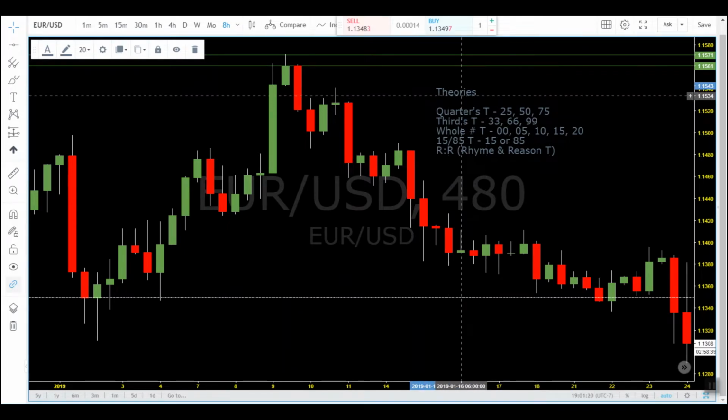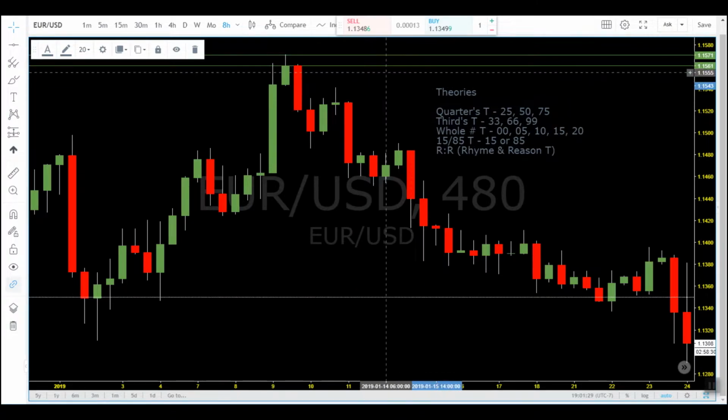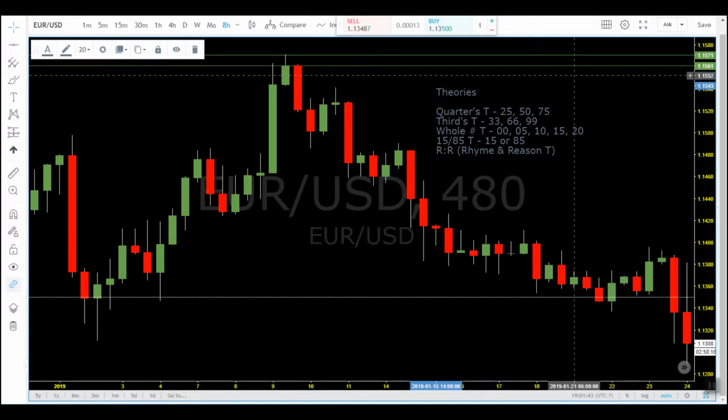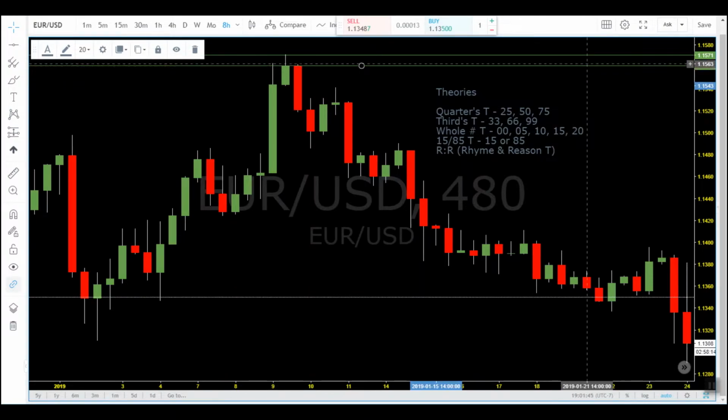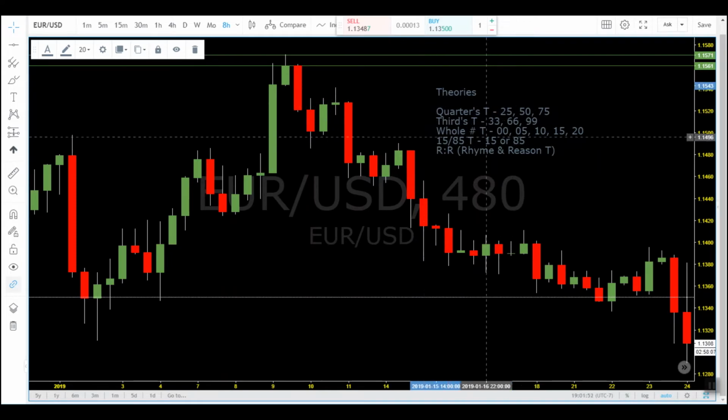And in order for you to be able to fully recognize whether or not you have the right zone, a couple of things have to come into play. Not only do you have to be within a 20 to 25 pip range, you also have to have your green candle here and your red candle to the right of it. All this information has to be fresh. And then the actual prices that are selected to identify your proximal line and your distal line, those numbers have to fall within one of these theories here.